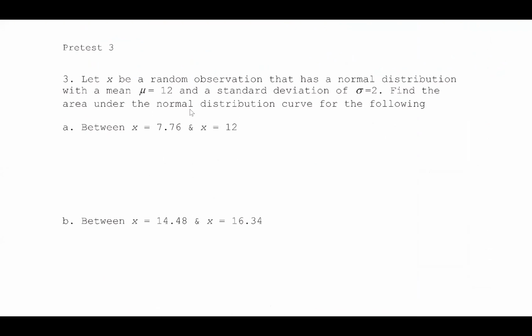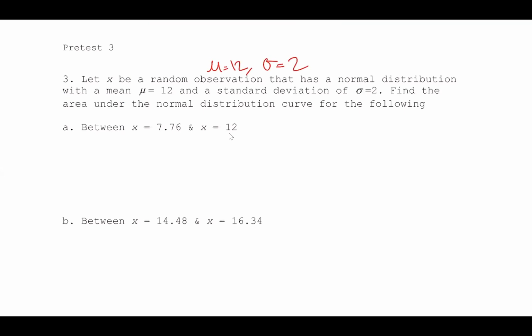Find the area under the normal distribution curve for the following: between X is equal to 7.76 and X is equal to 12. So if you notice for this one, our mean is equal to 12 and we have standard deviation is equal to 2.